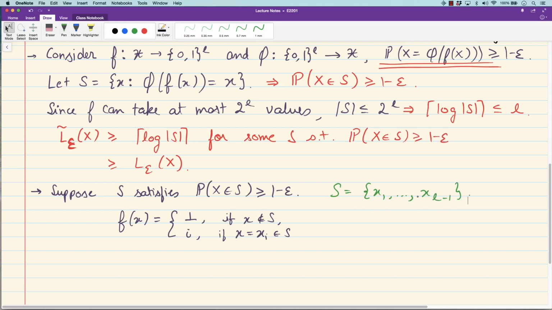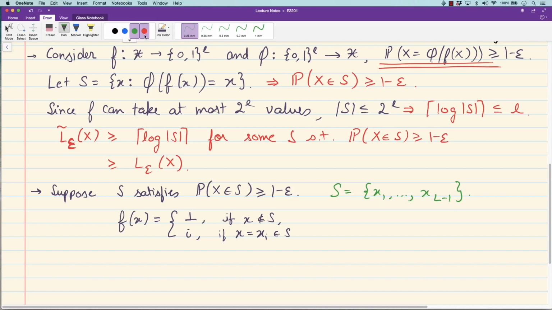Now for such an S, so this mapping F then, not L minus 1, I should use capital L minus 1. Then this mapping F takes values from X to L. It takes L possible values, one for bot and then these L minus 1 values.